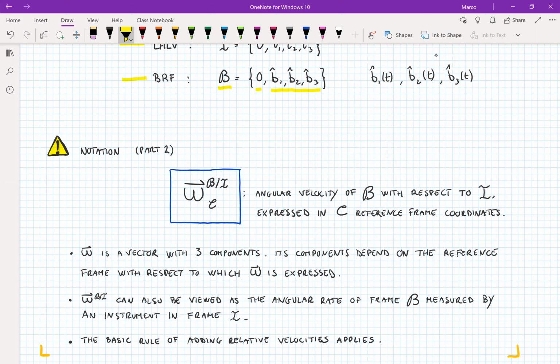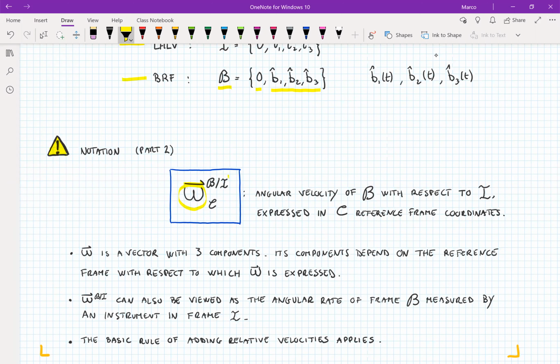The velocity vector, when it deals with angular rates, so it is an angular velocity, is usually indicated with small omega. And of course, it is a vector, so we have the vector sign.